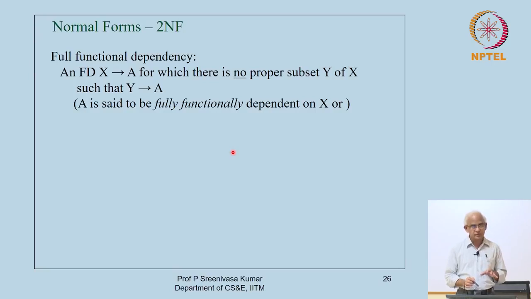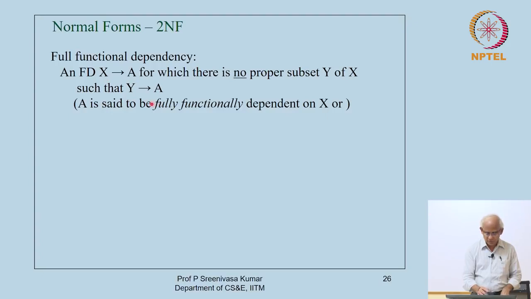Now, in order to define second normal form, we need what is called full functional dependency. If there is an FD X determines A for which there is no proper subset Y of X such that Y itself determines A, then we call this a full functional dependency.